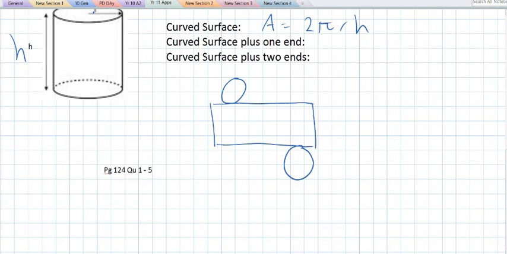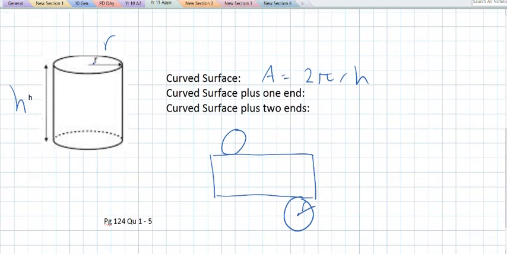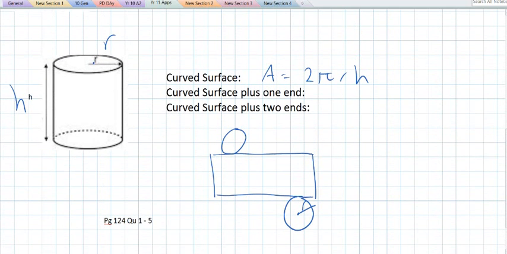If each circle has a radius of r and the height of the cylinder is h, then the length of the rectangle is going to be the circumference of the circle, and we find the circumference by 2 pi r. So this length here is going to be 2 pi r. So the area of that rectangle in general would be 2 pi r times h, which is where that formula comes from.